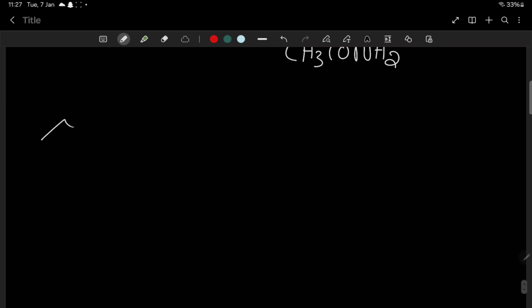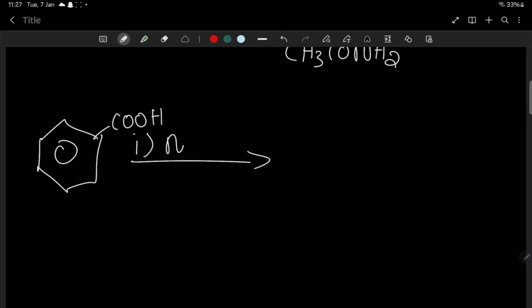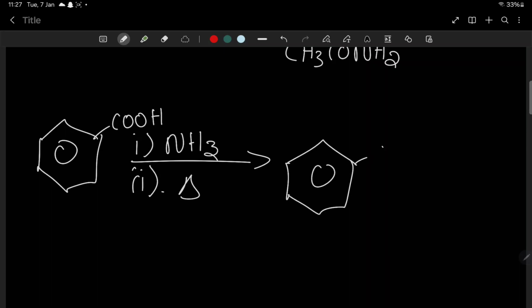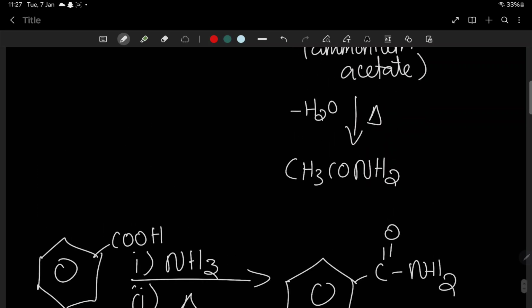Simple. So now we are taking another compound, benzoic acid, C6H5COOH. I am adding one NH3, then I am heating it. What am I getting? I am getting C=O NH2, an amide. So there is a salt formed in between.